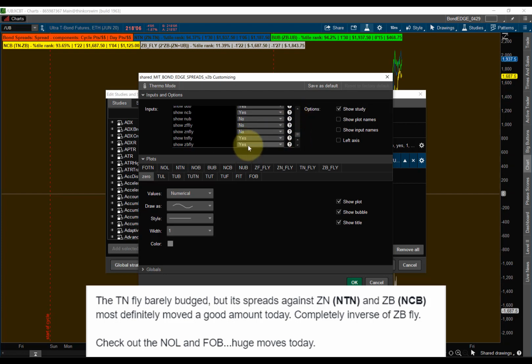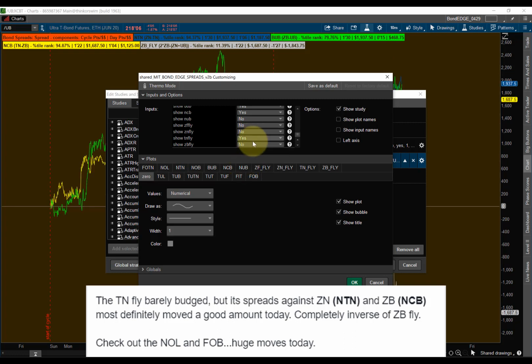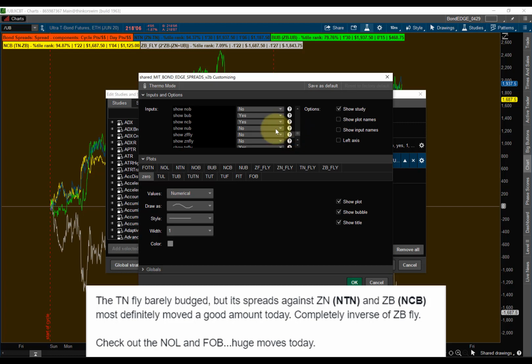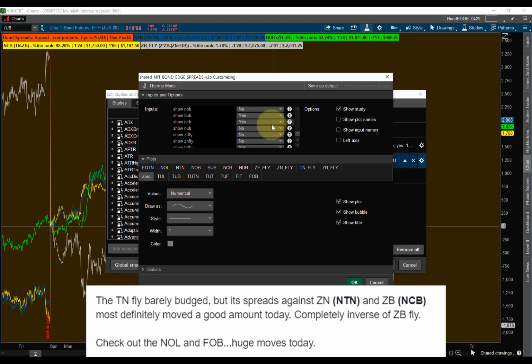Let's only look at that, and then at the end we'll put everything on together. So TN fly, and then we look at the two components of the TN fly. That's going to be the NCB, TN versus ZB, and then we need ZN versus TN.